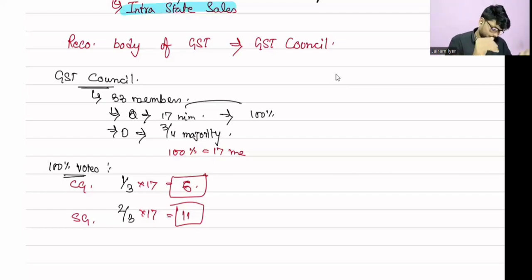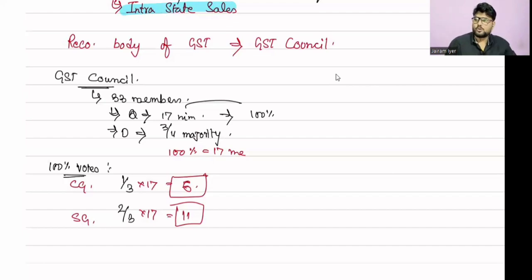Correct. Clear. Don't get confused by the number of members participating in the quorum. It's about how many have voted in favor of it. From that, 1/3 should be given by the central government among 75%, and 2/3 is the power of the state government. For example, some questions have been raised right now.